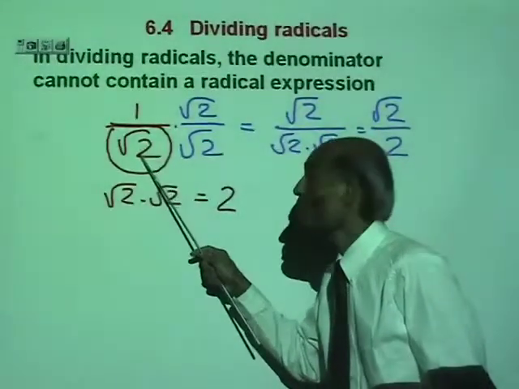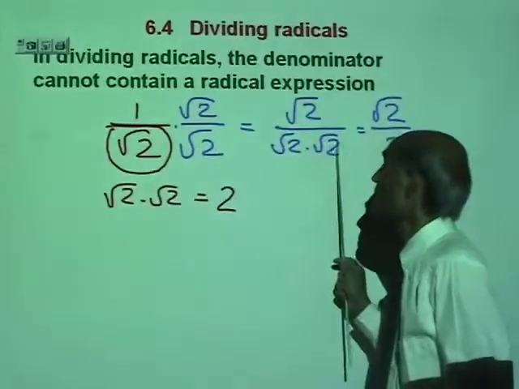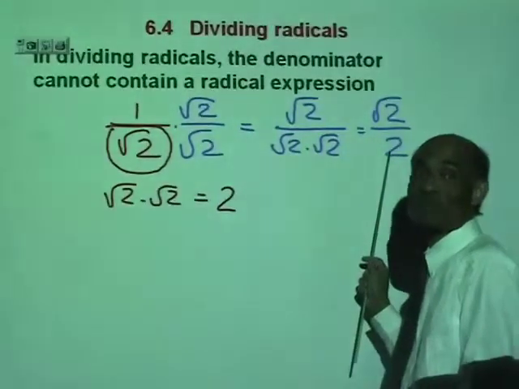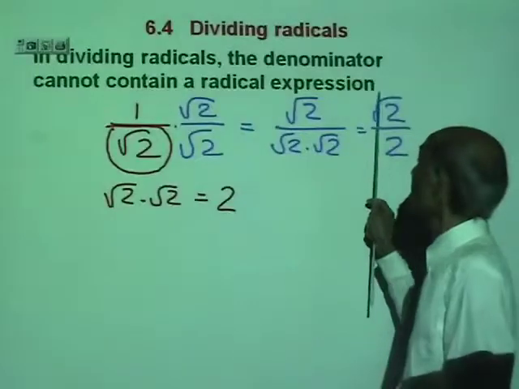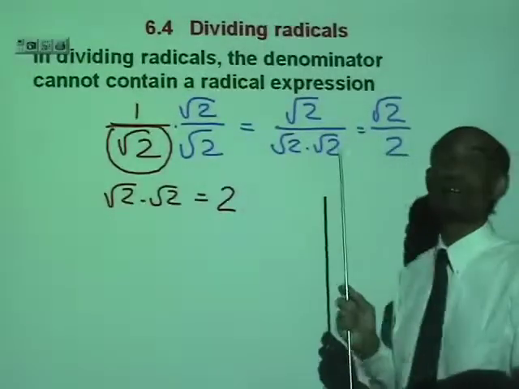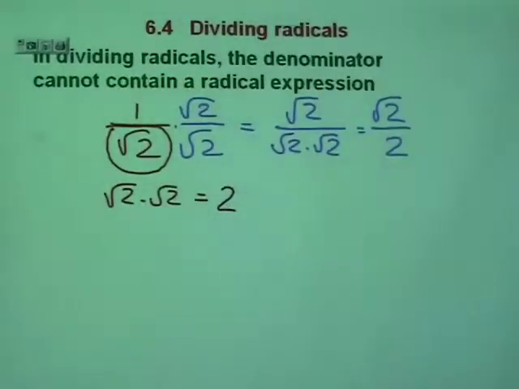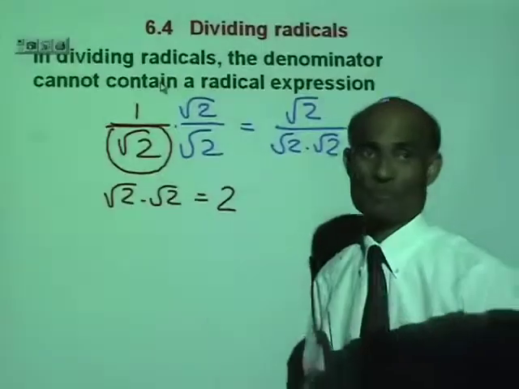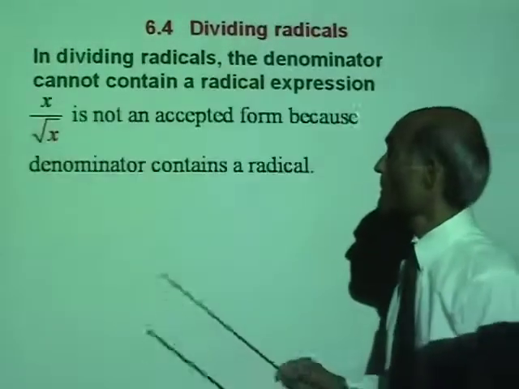Why? Because square root 2 multiplied by square root 2 is 2. Now the answer is square root 2 over 2. That is the way we need to write the answer when you divide radical expressions. Alright, let's write it down.